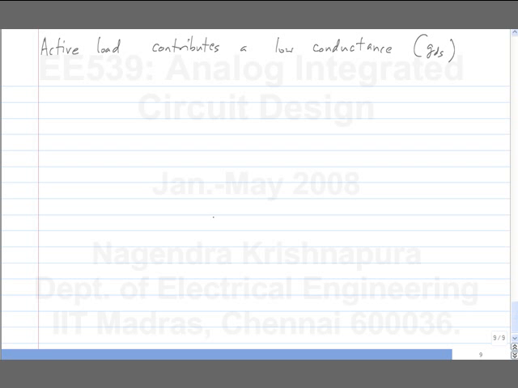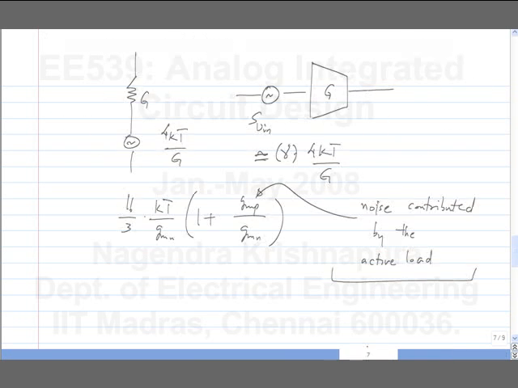The input referred noise is what we wrote here. Okay. So if you have a certain transconductance like this, you will have this much input referred noise. Okay, it's not dependent on the voltage gain, right? We are looking at just the transconductance now.